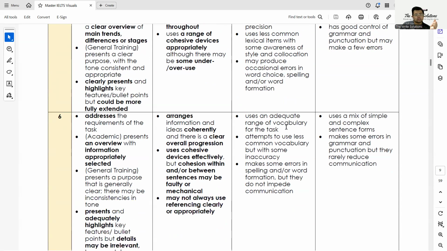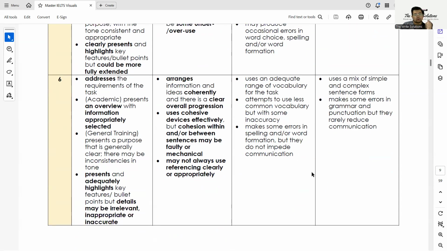When it goes lower, it addresses the requirements of the task and has the overview, but does not adequately represent some details. It might be irrelevant or inaccurate. So you made a mistake in reporting the features. Maybe there's a number that you missed or a number that's false.